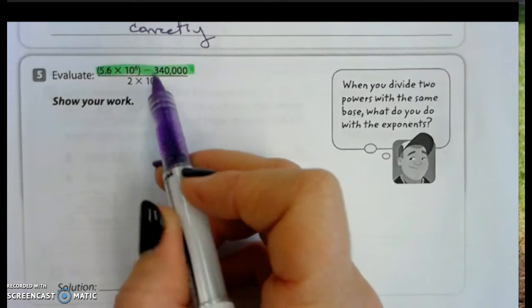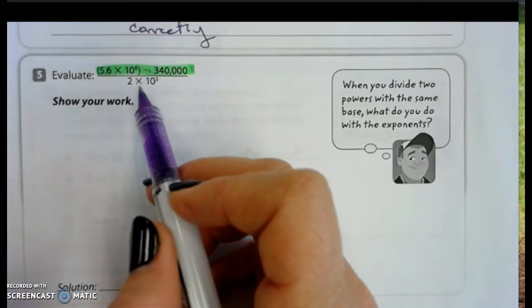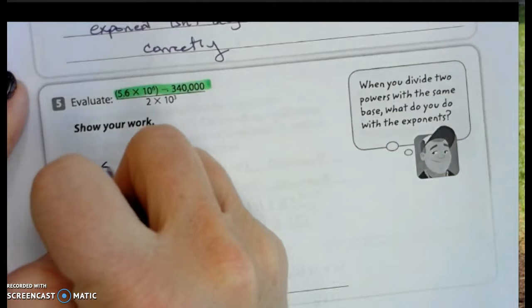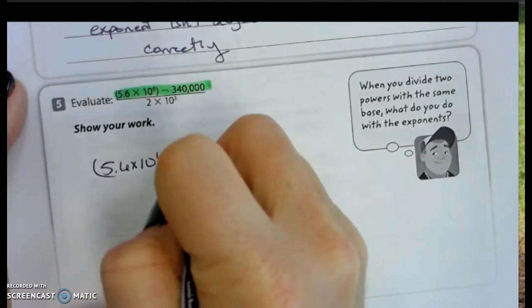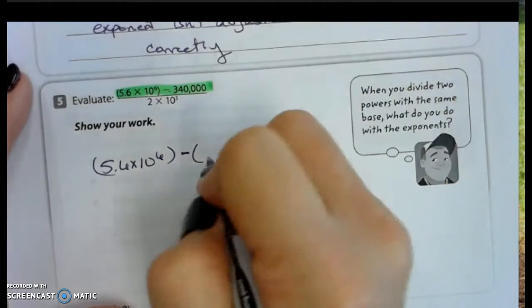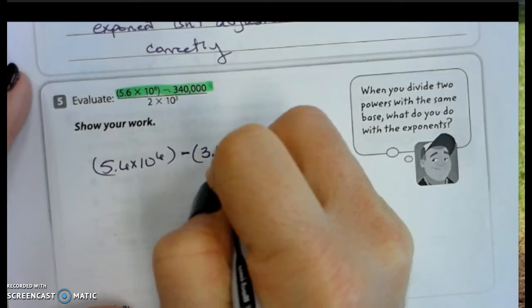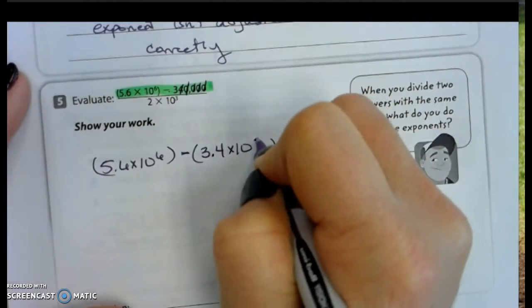So I want to subtract 340,000 from 5.6 times 10 to the 6th first. So 5.6 times 10 to the 6th is already in scientific notation. I need to put 340,000 in scientific notation. So 3.4 times 10 to the 1, 2, 3, 4, 5.